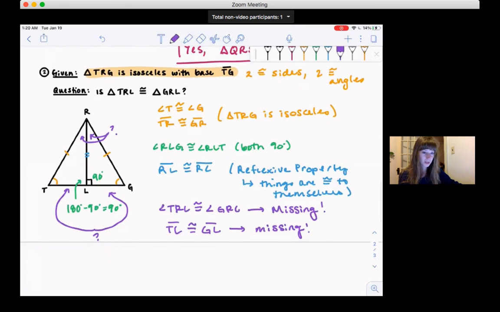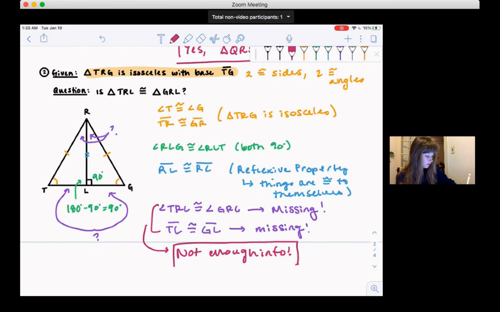Okay, so since we have 2 sets of corresponding sides, or corresponding parts, that don't have reasons to be congruent, we have to say that we don't have enough information. It might be that those things are congruent to each other, but we don't know.